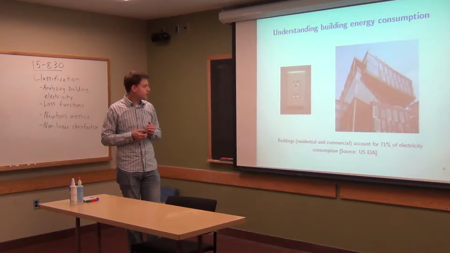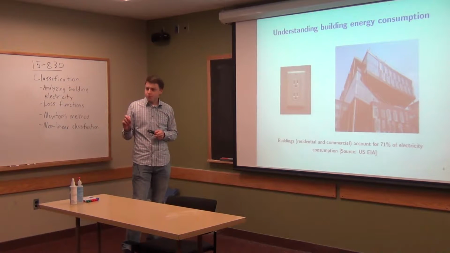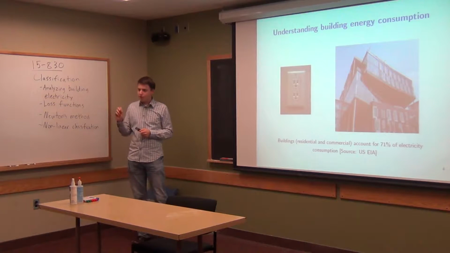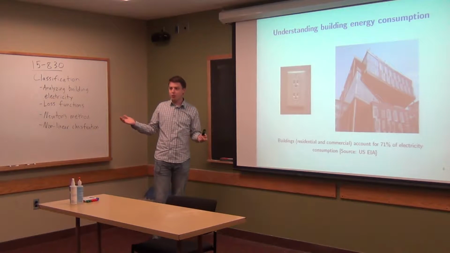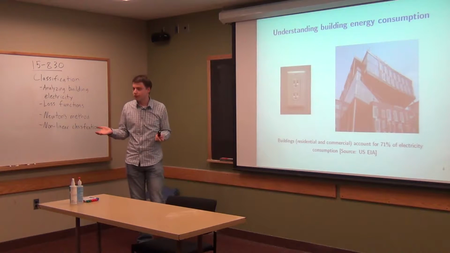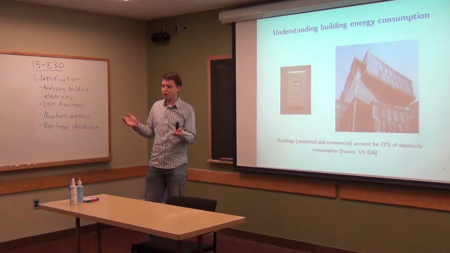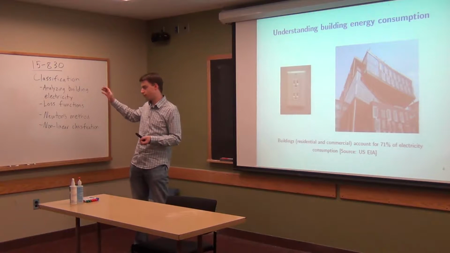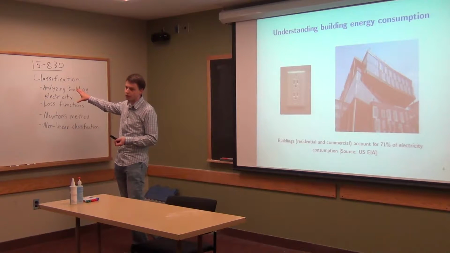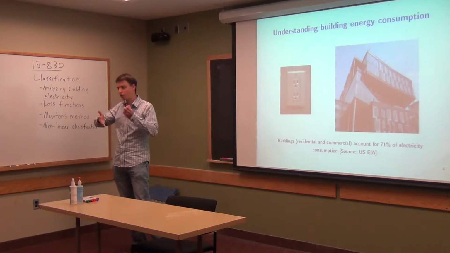And the question is, if you're a building manager, it can often be very hard to know exactly where electricity is being consumed in your building. All you see is, for example, your monthly bill, or maybe you have a real-time power monitor, but it shows a lot of spikes and you don't really know what's going on.